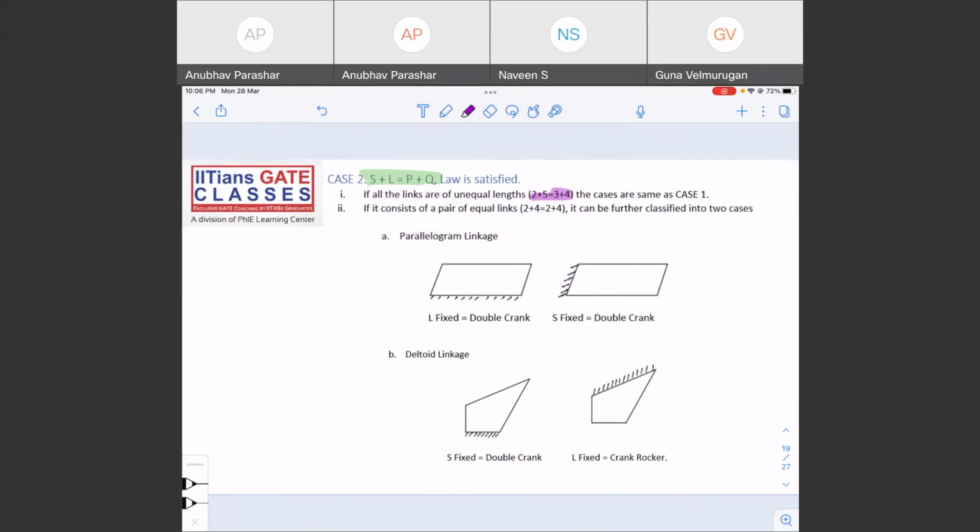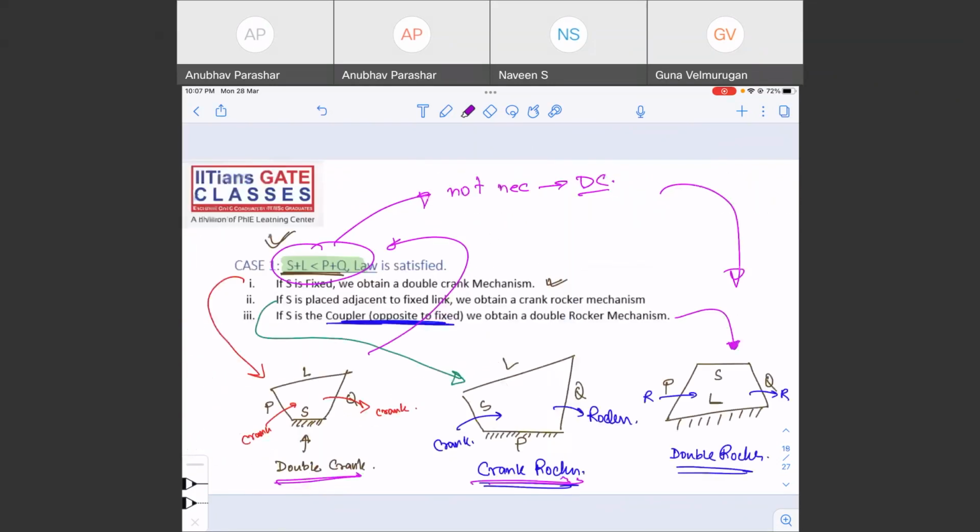All the links are of different sizes, 2, 5, 3, 4. So this is similar to case 1. Whatever you have done in case 1, you will get similar to that. If all the links are of unequal length, like the smallest is 2, the largest is 5, and P and Q are 3, 4, then all the conditions will be like case 1.